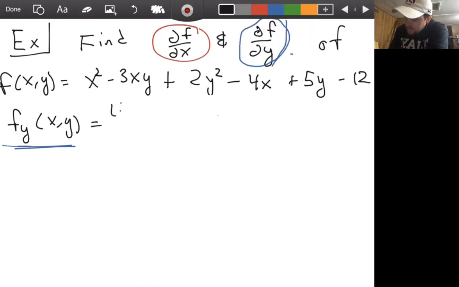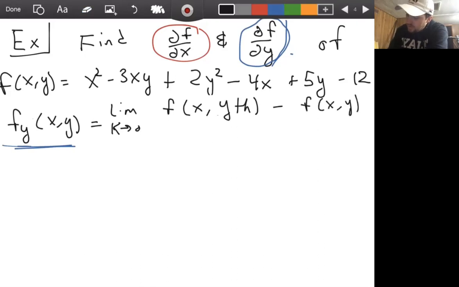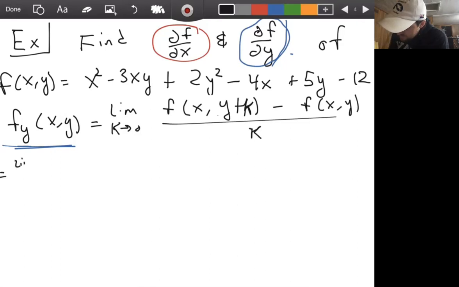Now this is the limit, as k goes to 0, of f of x, y plus k minus f of x y, sorry, I keep wanting to use h, all over k. So this is the limit as k goes to 0. I'll start writing small immediately to try to save some room here. This is f of x, y plus k. So everywhere we see a y, we have to replace it with y plus k.